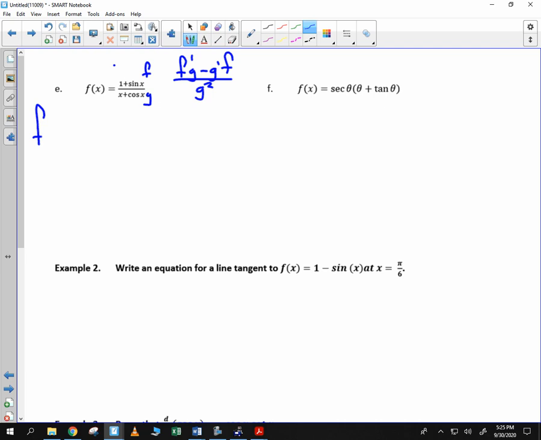So f prime of x is, the derivative of the top is cosine of x times the bottom left alone, x plus cosine of x.